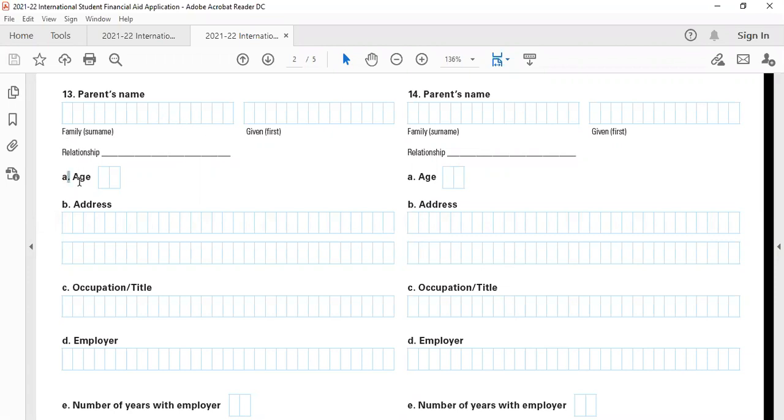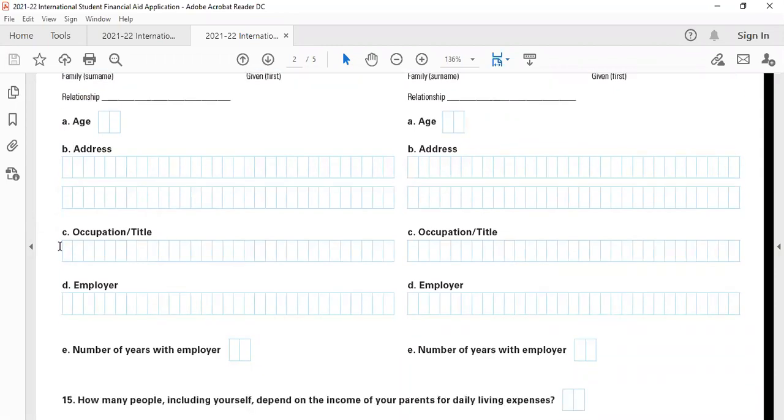Both are okay. Enter their age, their full address. You can mention same as above if it's the same address for yourself and for your parents. Enter their education, enter their occupation over here. So what's their title, what's their position, whether they are the owner of a business or whether they are a CEO or an officer or a manager or a general manager, whatever they are, you mention that over here.